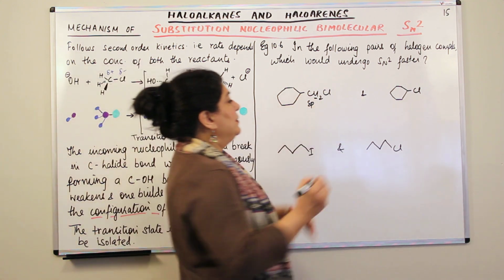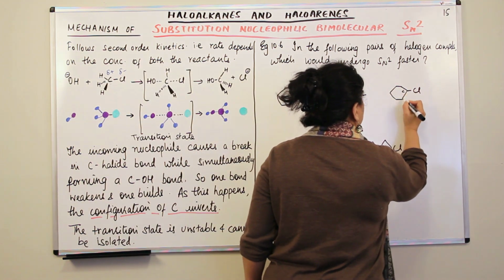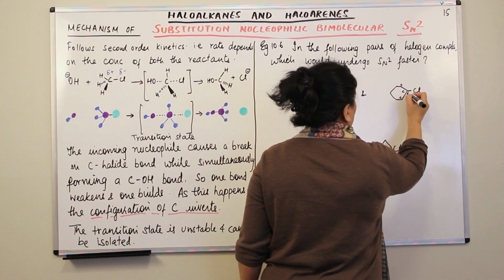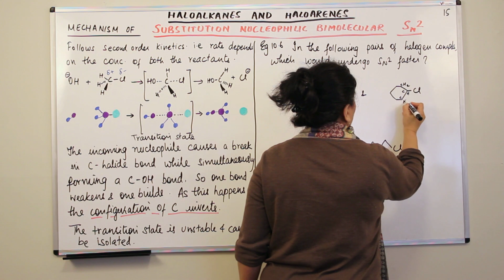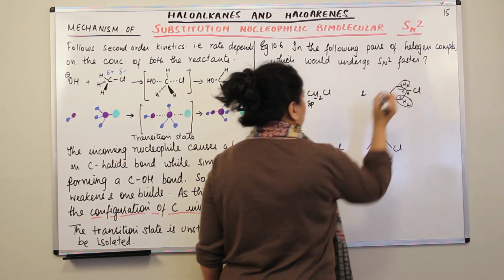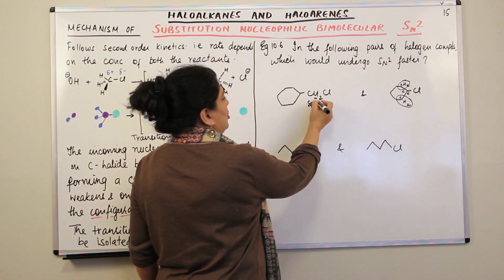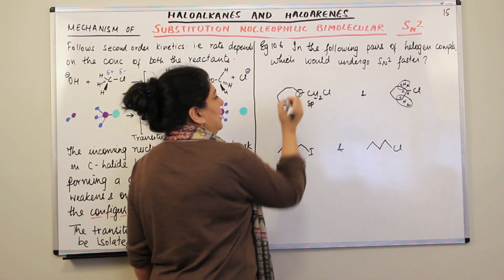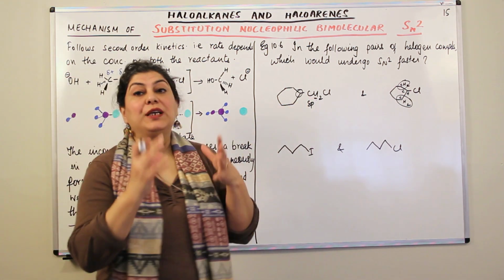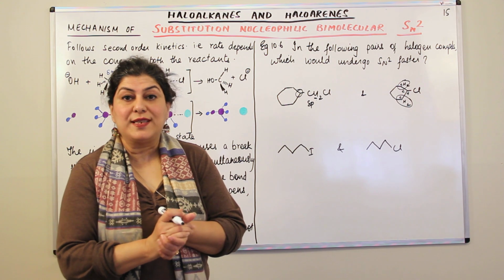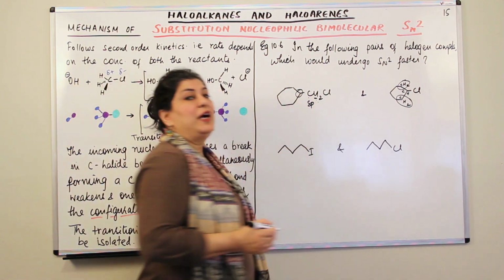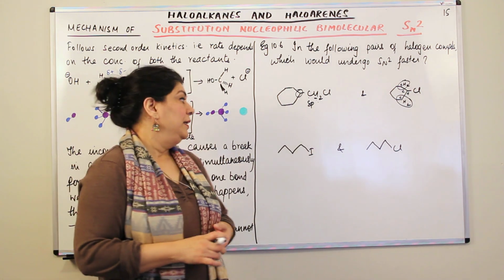And here the alpha carbon is attached to 2 other carbons and a hydrogen, of course. So this has bulkier groups attached to it, and this one has 2 hydrogens and only 1 bulky group attached to it. Right? So which one do you think would undergo SN2 faster? This one. Because in this, the alpha carbon is attached to 2 hydrogens and less bulky groups.